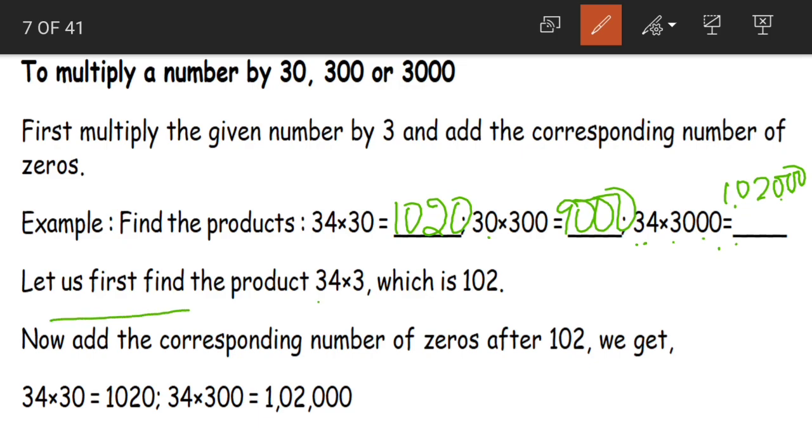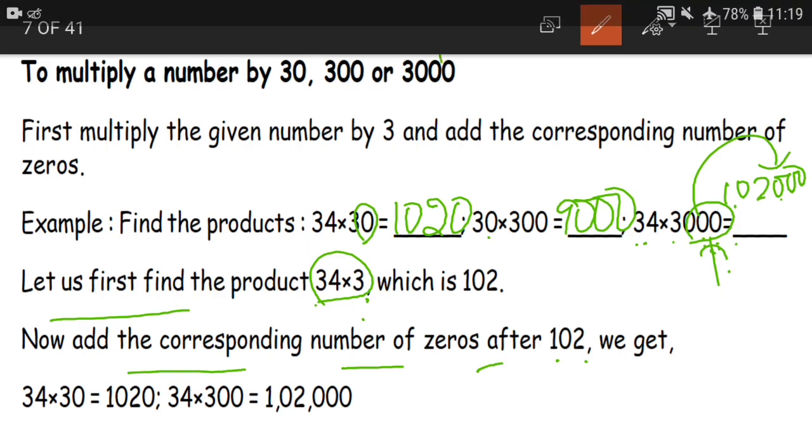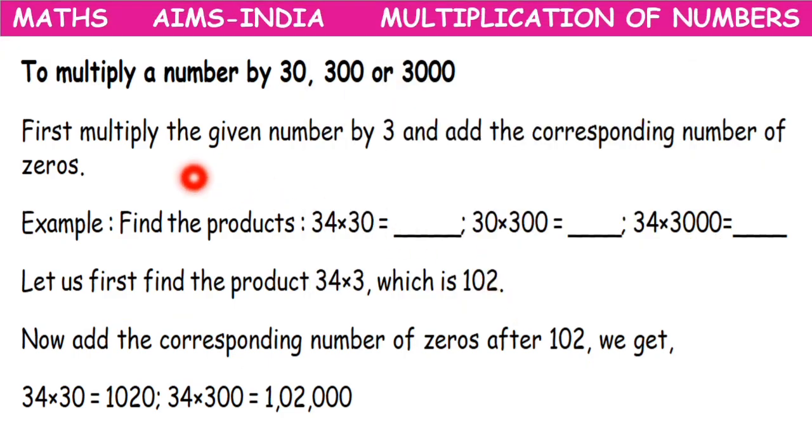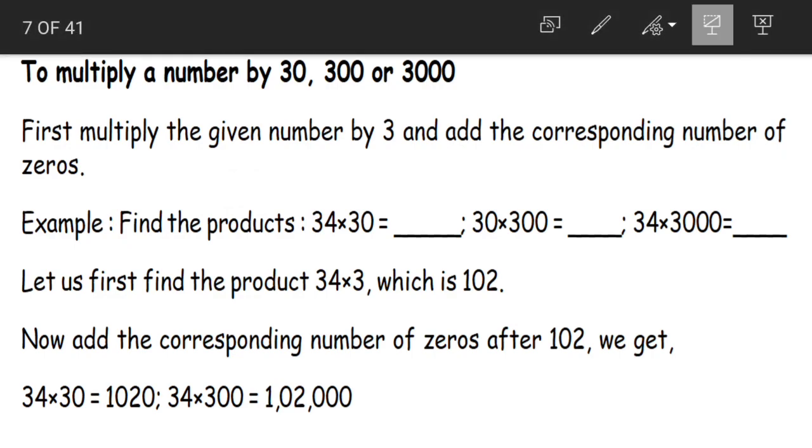Yes, that is what they are also saying here. First find the product of 34 into 3 and now add the corresponding zeros. Corresponding number of zeros means after 3 the number of zeros we are having, and the same number of zeros should be added at the end of the product, to the right of the product. So that is how we multiply a number by 30, 300 or 3000.